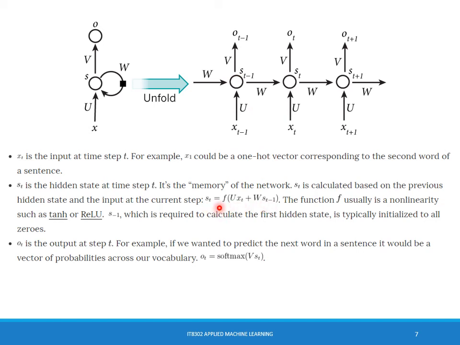So st is some function of U xt plus W st minus 1. And this activation function could be a non-linear function like a ReLU function or a hyperbolic tangent.